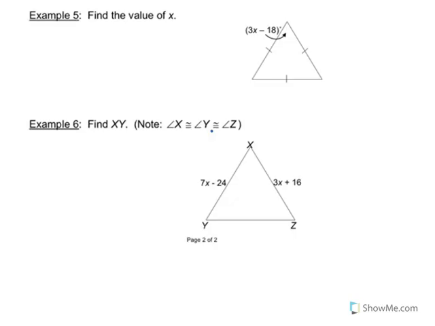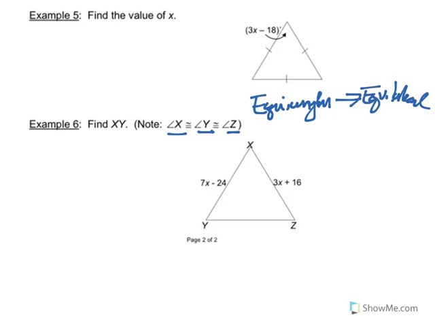It says angle X is congruent to angle Y, which is congruent to angle Z. If a triangle is equiangular, this works both ways: if it's equilateral, it's equiangular, and if it's equiangular, it's also equilateral. So if this is equiangular, then we know these three sides are congruent. That makes it easy to solve for x.